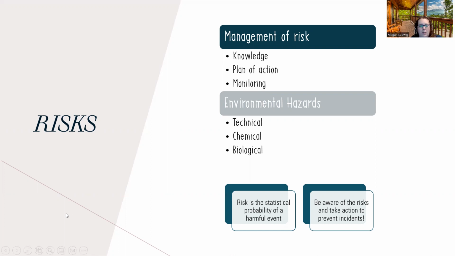So what is a risk? It's the statistical probability of a harmful event. And we want to make sure that we are taking actions to prevent those risks. There's a whole group in the hospital that is part of risk management. So anytime that something does happen, we have to write up a report, an incident report, and it'll get sent to them, and they'll look at those risks to see, okay, what went wrong?